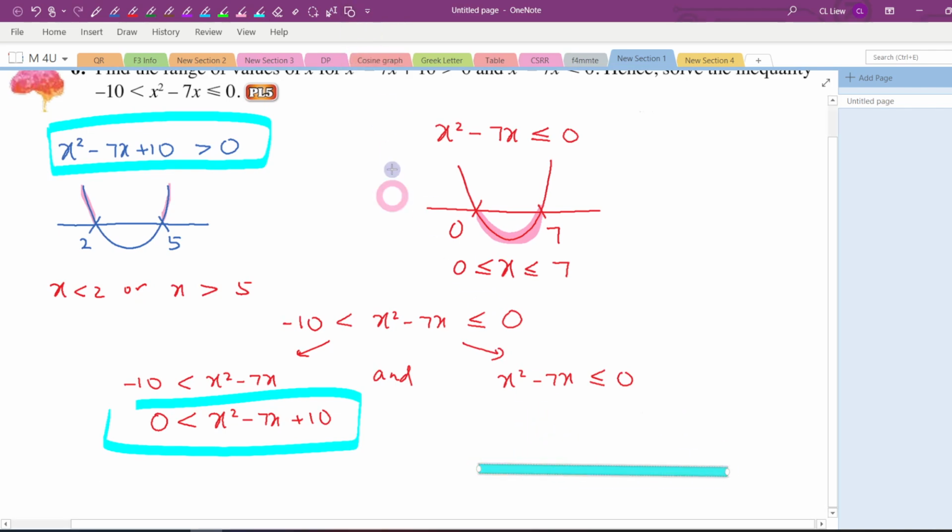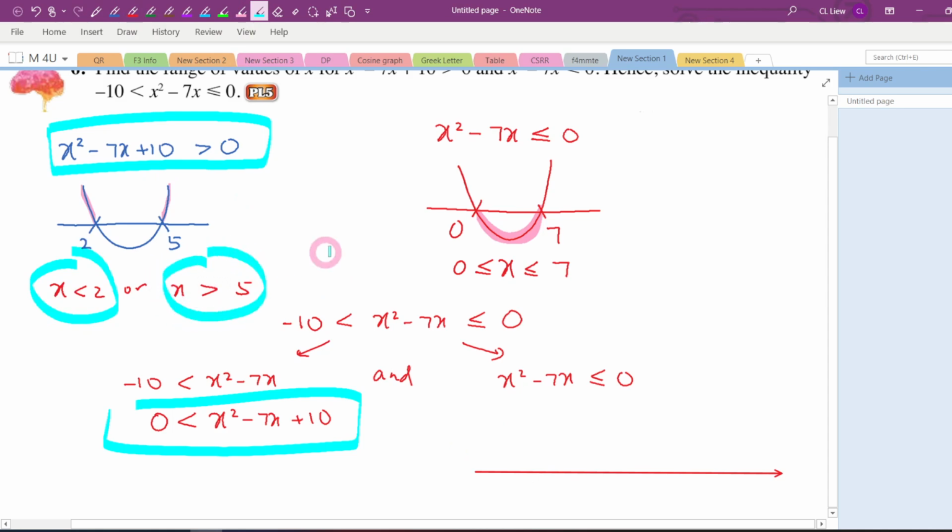Just draw a number line. Then we need to fill in 4 numbers here: 2, 5, 0, and 7. So 0, 2, 5, and 7.